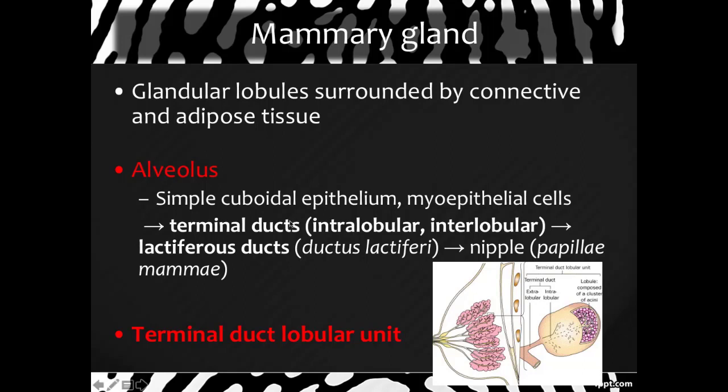The terminal ducts, which empty within the secretory units, then create the lactiferous ducts. As I mentioned, each lobe has its own duct. It's called the lactiferous duct, and they empty at the nipple, the mammary papilla.